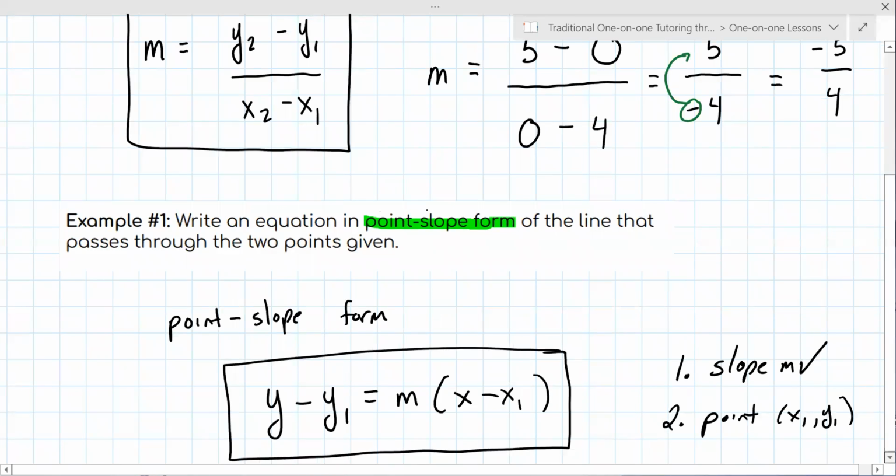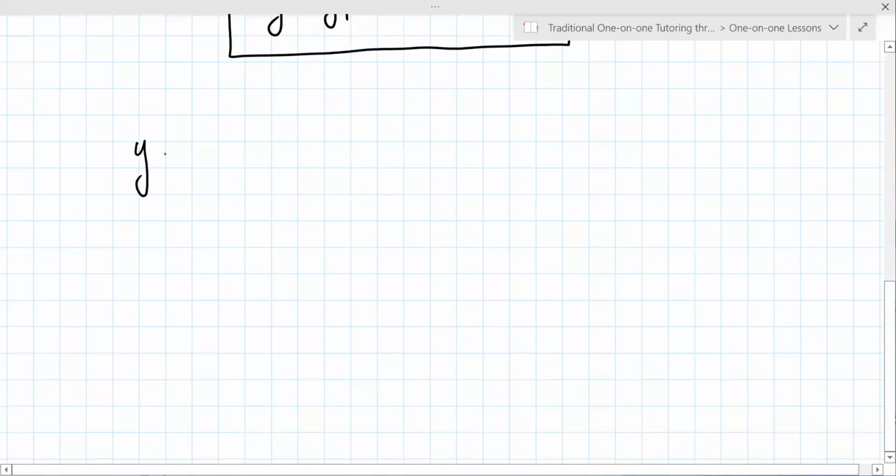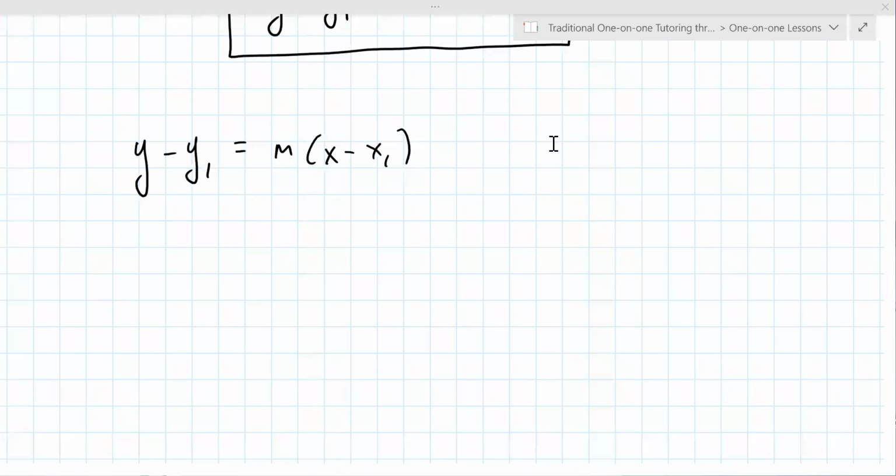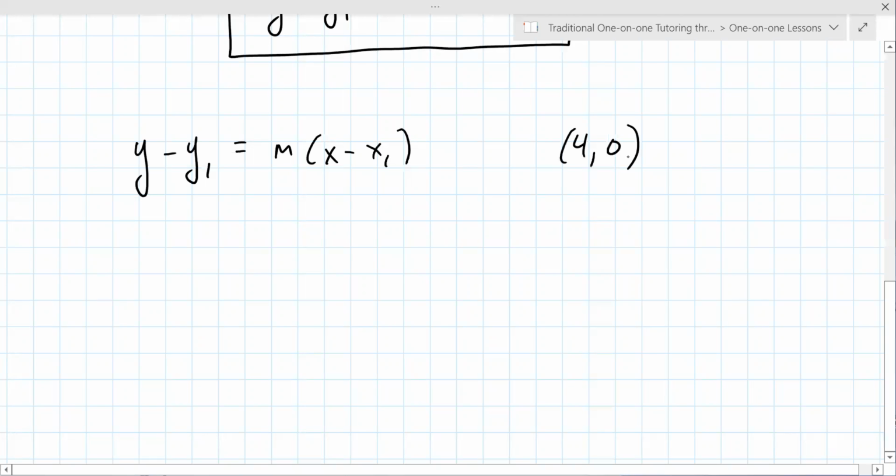Okay, so here's what we're doing. We're going to write the equation. Again, I'm going to write it one more time: y minus y1 equals m times x minus x1. You said you like the 4, 0 better, and the slope is -5 over 4. This is x1 and this is y1.